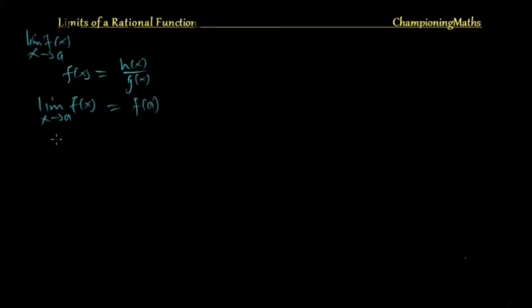Now, given f of x to be x squared plus x minus 6 over x minus 2, what is the limit of this function? What is going to be the limit of the function as x approaches 2?